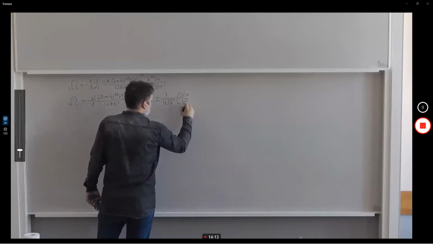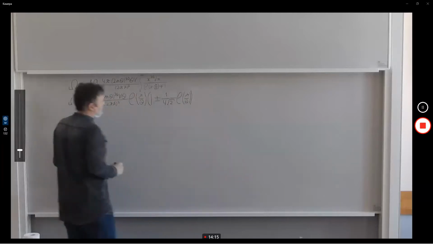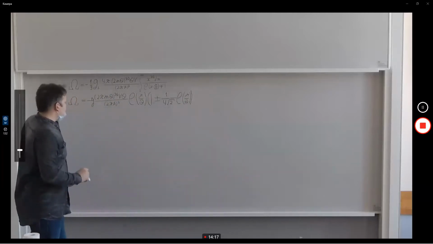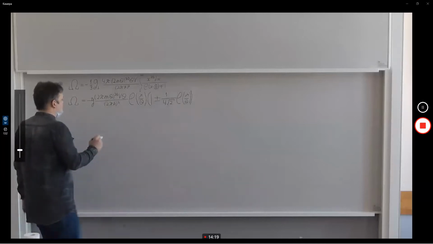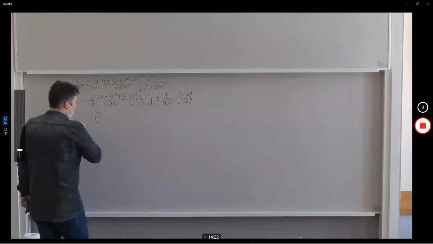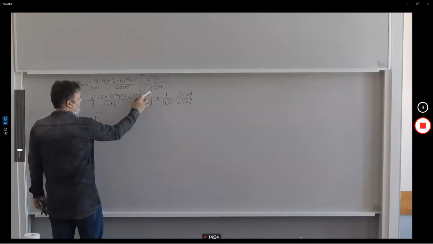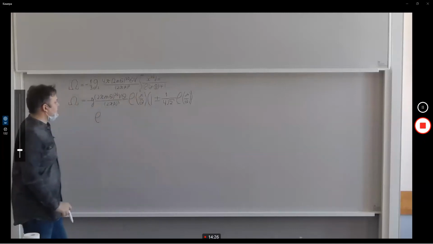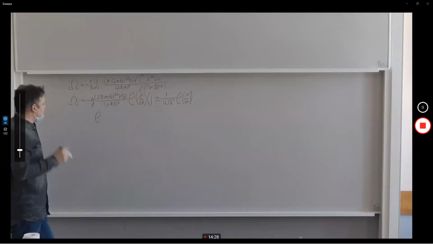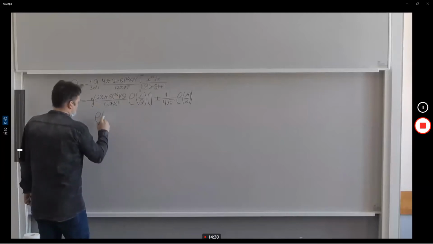This expansion works in the case of small x. Then I open this bracket and keep track only of the terms that do not depend on temperature and the leading term that is squared in temperature.